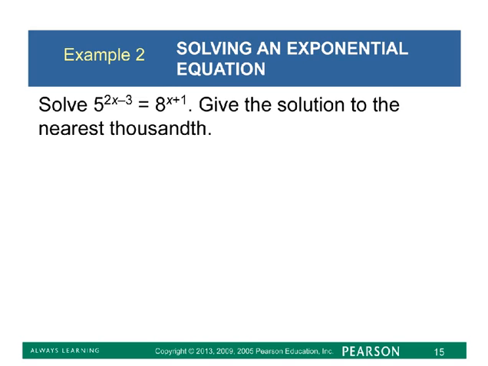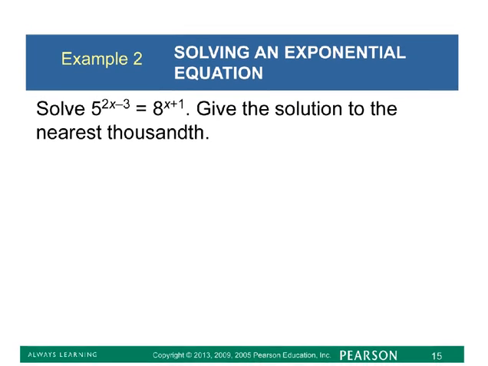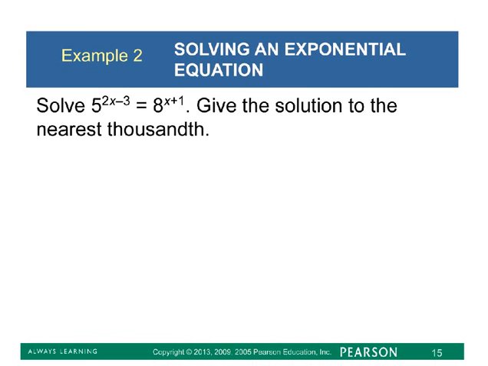All right, to solve this exponential equation, let's do the same thing that we just did in the previous problem. We're going to take the log of both sides of our equation. So log of 5 to the 2x minus 3 equals log of 8 to the x plus 1.